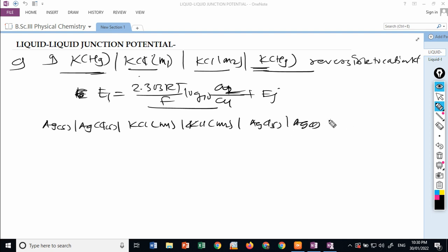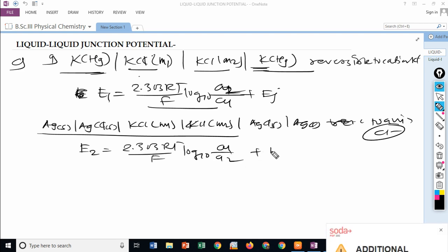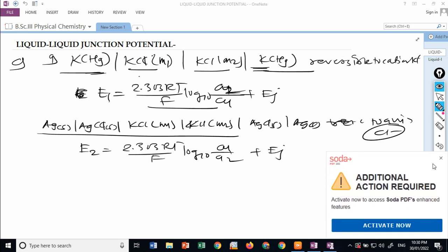So this is reversible to the anion, that is Cl minus ion. The E2, that is the EMF of this cell, is given by 2.303 RT divided by F log to the base 10 A1 divided by A2 plus the liquid junction potential.